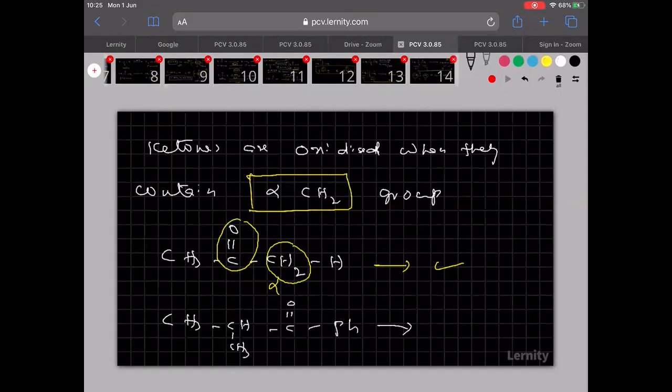This is the functional group. With respect to the functional group, at this alpha carbon CH is there, but what I told is CH2 should be there. And here also there is no CH, there is a benzene ring, you know. So alpha CH2 is absent. Therefore, this does not undergo oxidation.